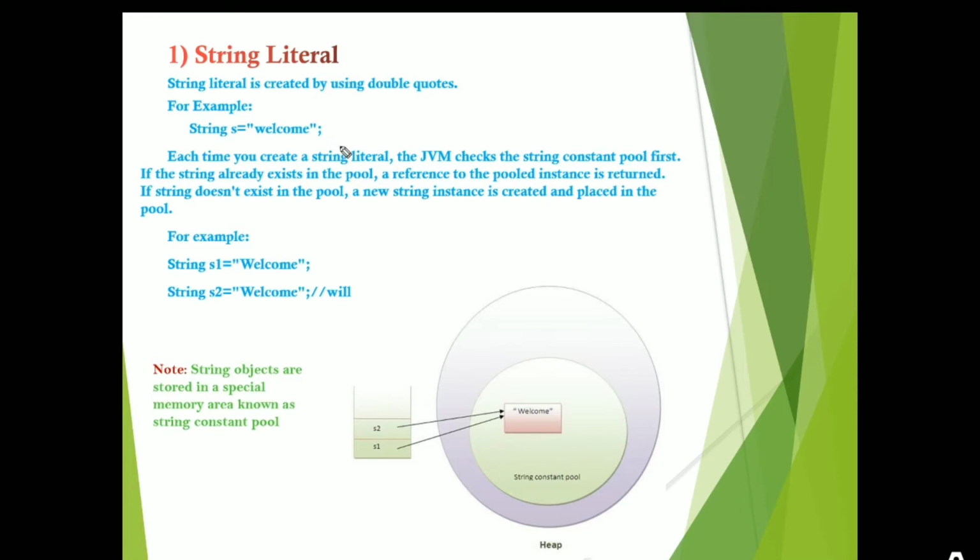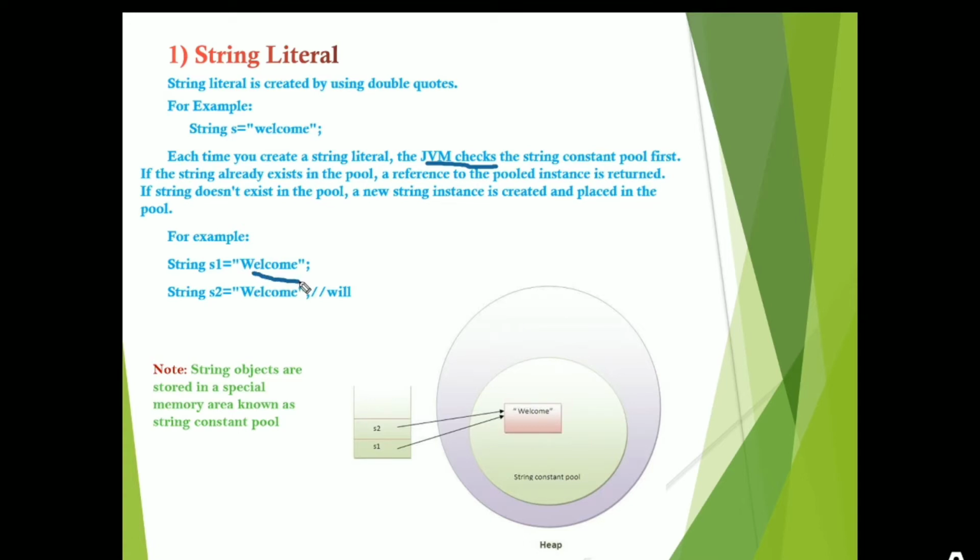Each time we create a literal, the JVM, Java Virtual Machine, checks the string constant pool, that is in the heap memory. Here we created string s1 as welcome. s1 is assigned the text welcome.